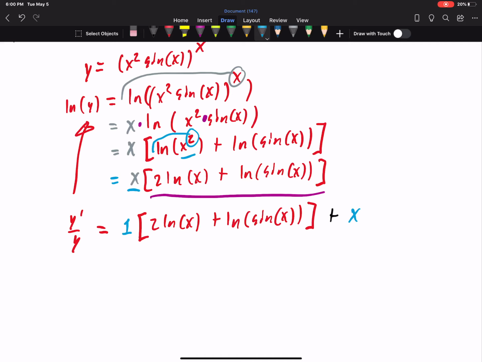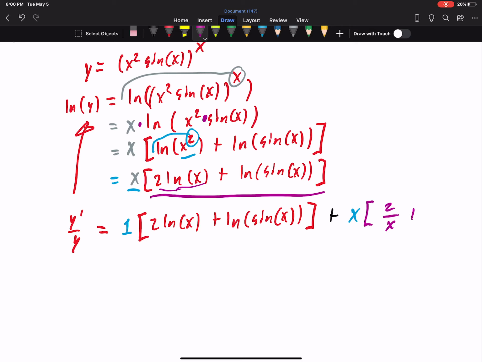All right, so how do we derive this thing that is purple underlined? So the derivative of 2 times natural log of x, well, the 2 just gets carried along through the derivative. So the derivative of natural log of x, as you know, is just 1 over x. So I'm going to put this all in a giant box, just so we're clear what we're doing. So it'll be 2 over x for the first term, this guy.